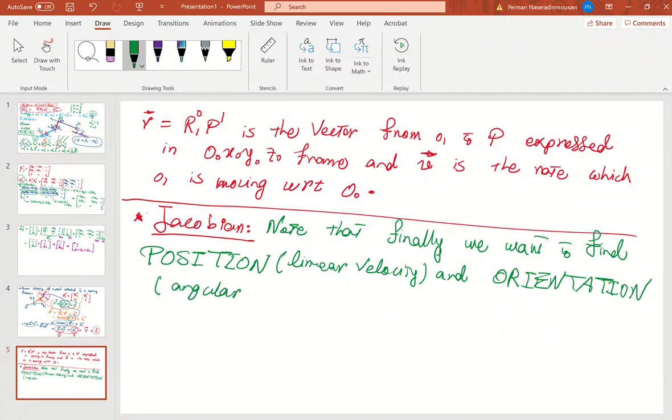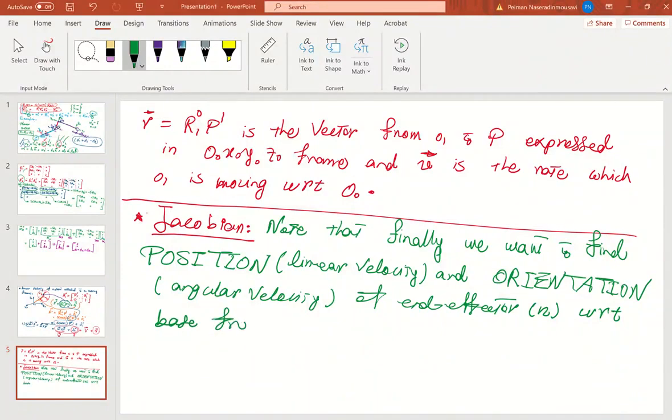I mean that including angular velocity of the end effector, which we denote as n, with respect to the base frame. How do we do that? By Jacobian. So H, remember, is the homogeneous transformation of m with respect to base in the space of the coordinate systems.